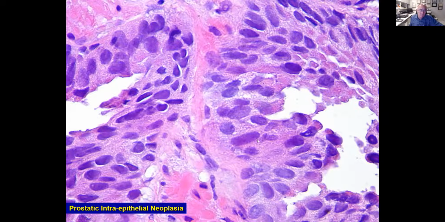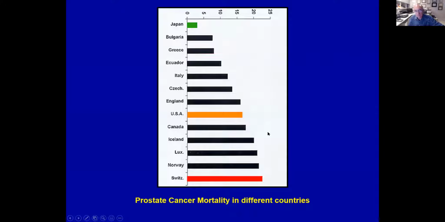For the diagnosis of high-grade PIN, we need to have at least 20 to 30% of the cells inside the benign gland, in quotations, with nucleoli. That is a good marker. If we find one or two nucleoli here and there, we better let it go. We don't usually call it, but we have to have a good number, 20 to 30% of nuclei with nucleoli.